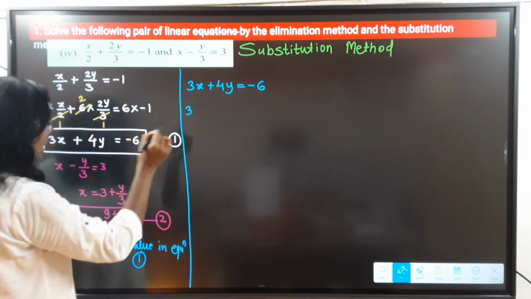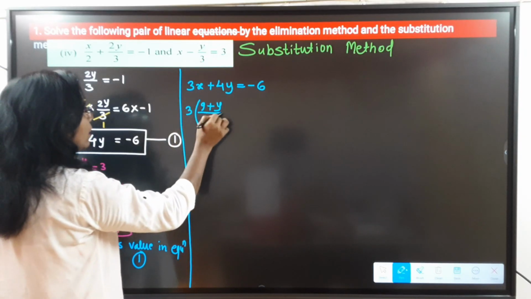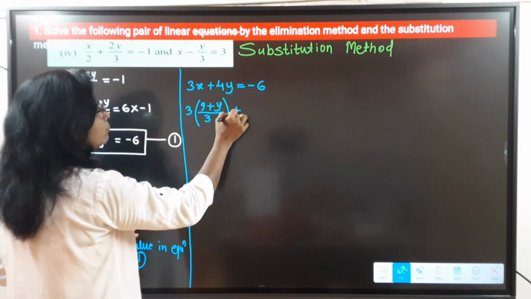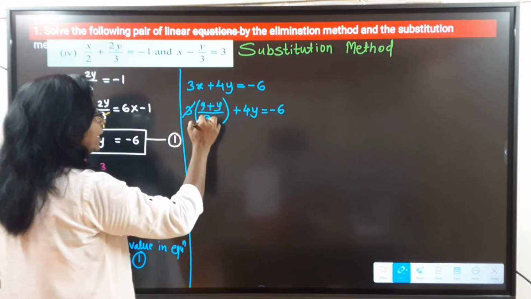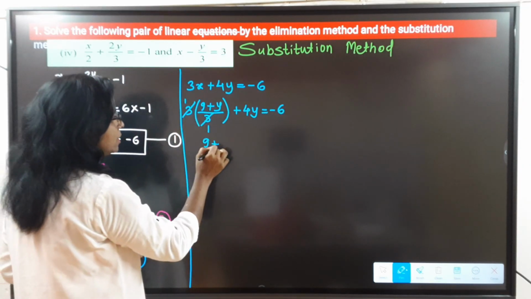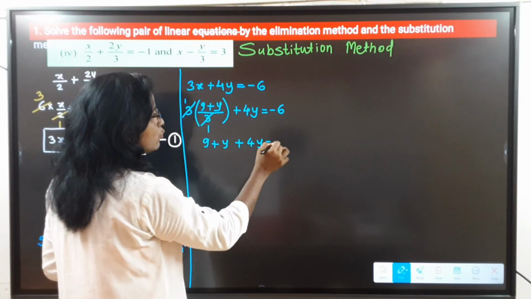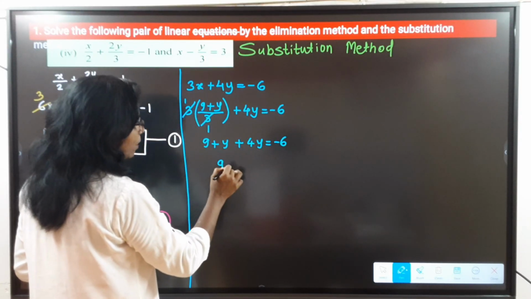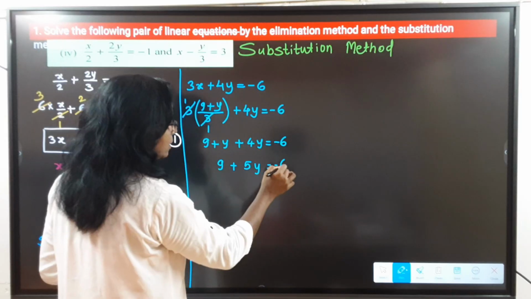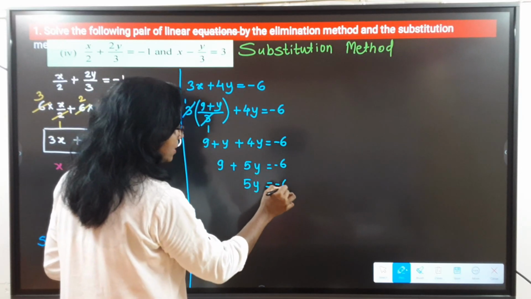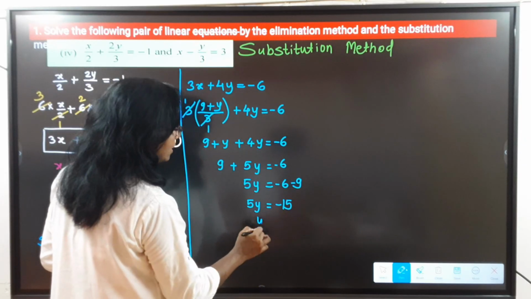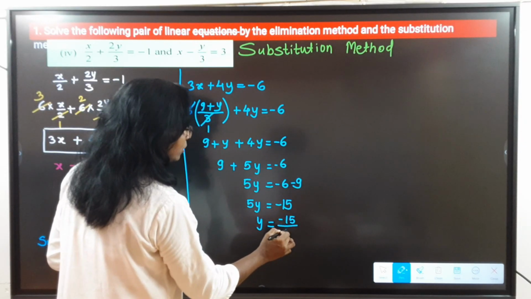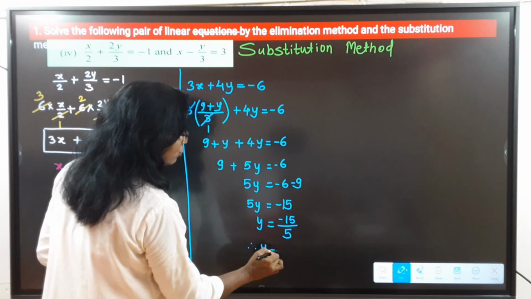So 3 multiplied by 9 plus y upon 3, plus 4y is equal to minus 6. So here, students, the 3 gets cancelled out. So 9 plus y plus 4y is equal to minus 6. So 9 plus 5y is equal to minus 6. So 5y is equal to minus 6 minus 9. So 5y is equal to minus 15. So y is equal to minus 15 upon 5. So therefore y is equal to minus 3.